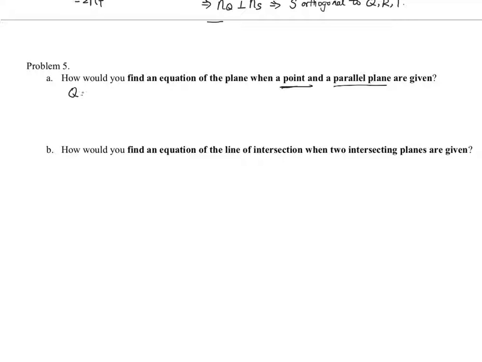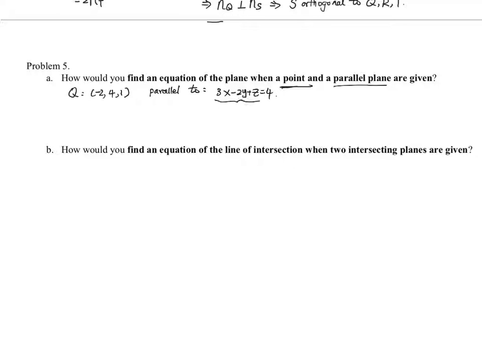Say I give you a point, negative 2, 4, and 1, and the plane is parallel to, let's create a plane, say this one, 3x minus 2y plus z equals 4. Then how do you find a plane that's parallel to the given plane and also passes through the point Q?